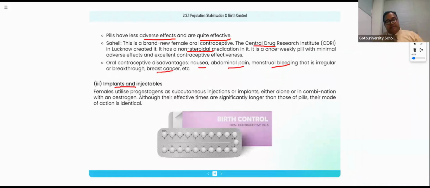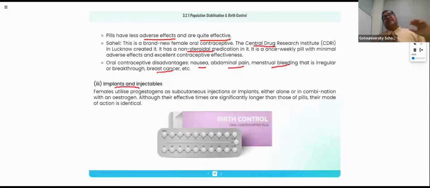Implants and injectables. Females use progesterone, by subcutaneous injection, either alone or in combination with estrogen. We know very well the progesterone and estrogen combination definitely deviates the menstruation cycle.